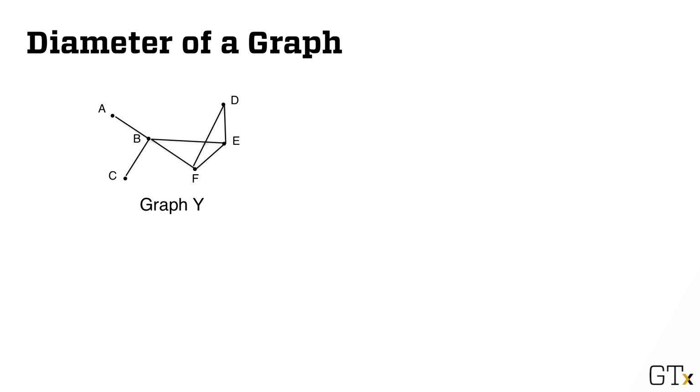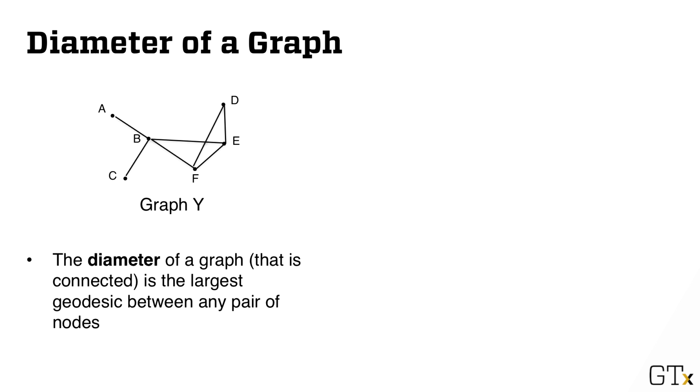Another concept that is related to paths is what is called the diameter of a graph. So, consider again this particular graph Y. This concept of a diameter has to do with the largest geodesic between any pair of nodes.